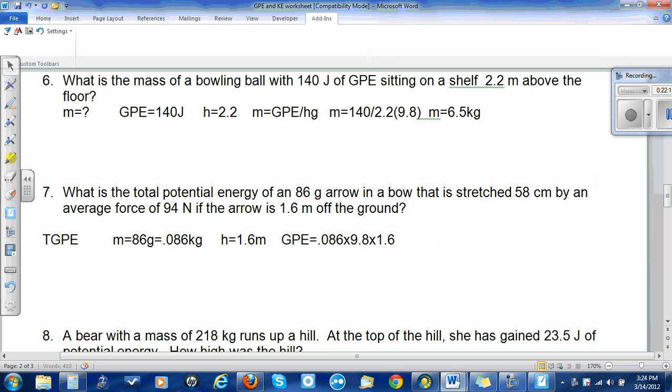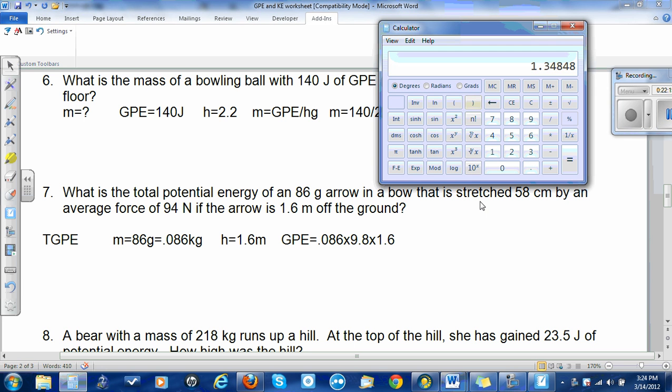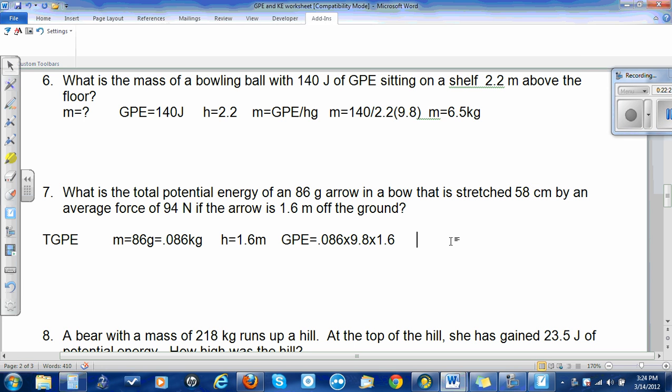So there we have a GPE of 1.3, we'll say. So GPE equals 1.3 joules.